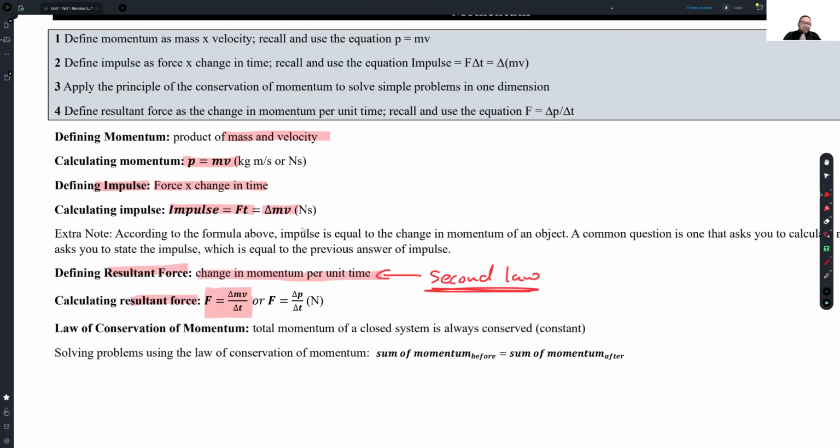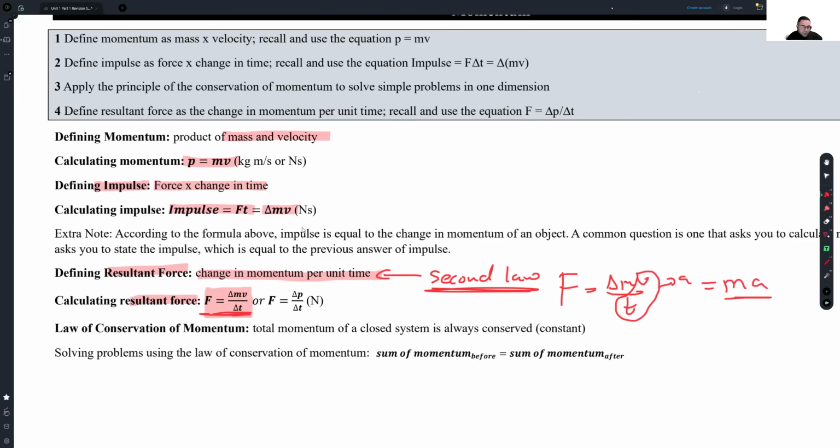So it changes its momentum over time. But because velocity over time is acceleration, this gives us ma. This is why F equals ma and change in momentum over time are both called Newton's second law, so it's fine.